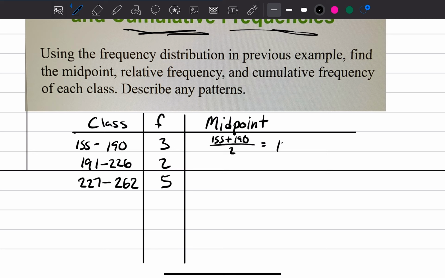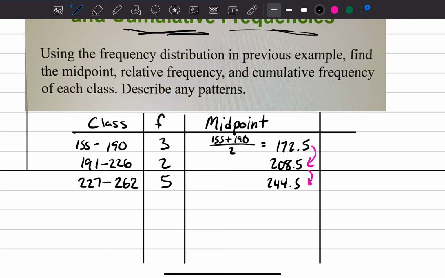And we got 172.5 is the midpoint. Now again, the nice thing I said, you can just add the class width, and you'll get the next one. So if I add 36, I will get 208.5. And then I can add 36 again to get the next one. And I get 244.5. And then I can keep going like that.